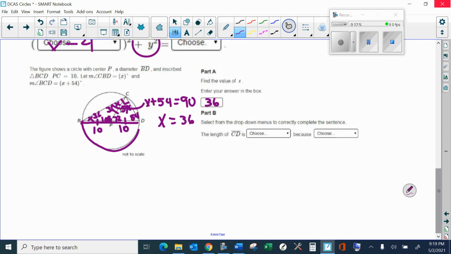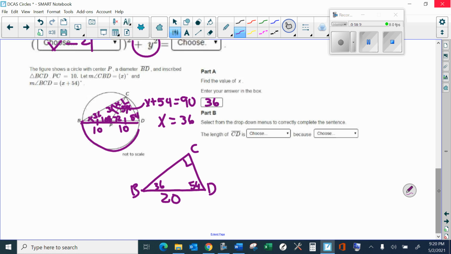Here I'm going to redraw the big triangle again. So we know this is 20. We know it's 90. We know this is 36. So we can use SOHCAHTOA to find the length of CD, right? I'm using the 36. I could have also used the 54. This is 54, so I could use either angle to find the length of CD.